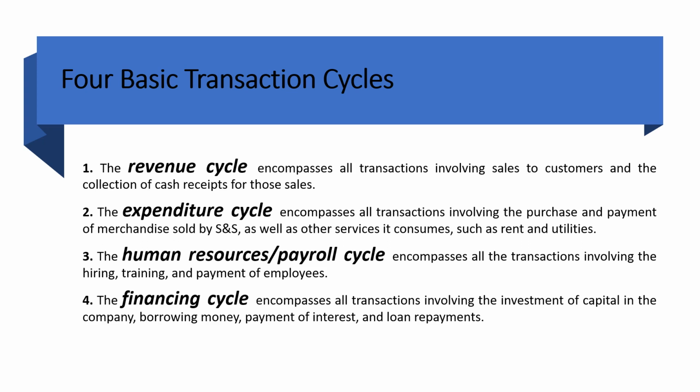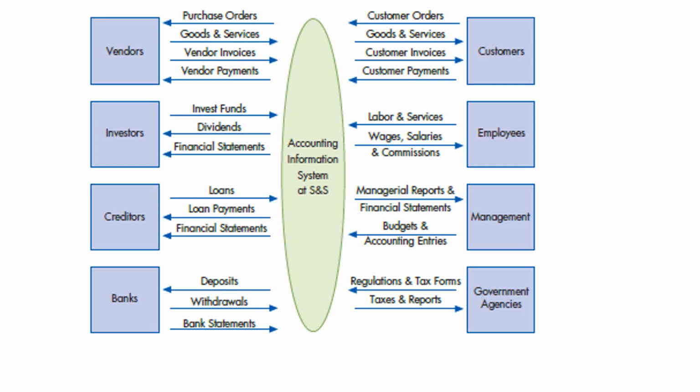The human resource payroll cycle encompasses all transactions involving the hiring, training, and payment of employees. And the fourth is the financing cycle, which encompasses all transactions involving the investment of capital in the company, the borrowing of money, the payment of interest, and loan repayments.